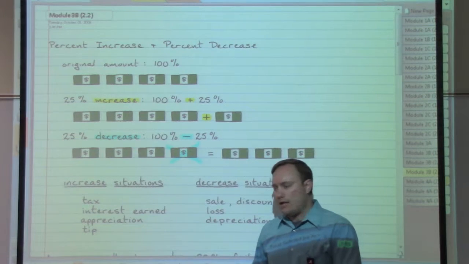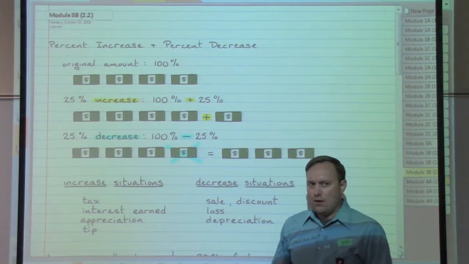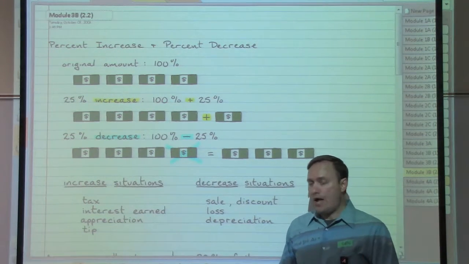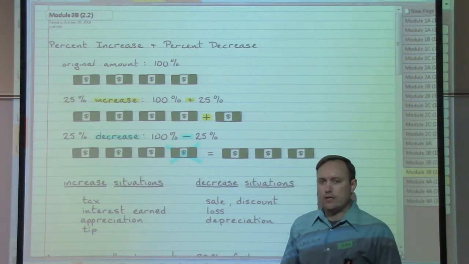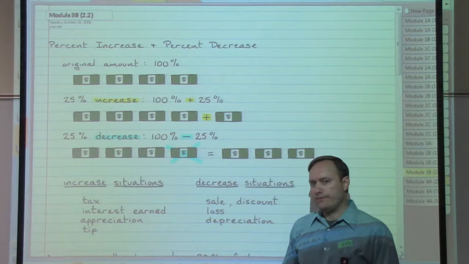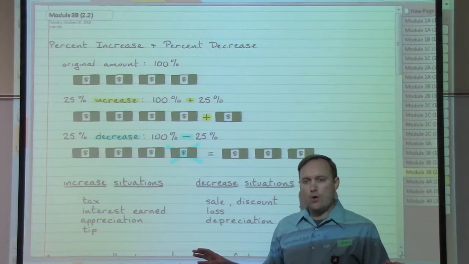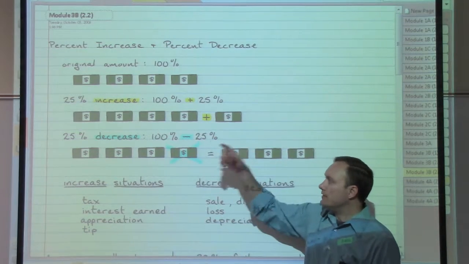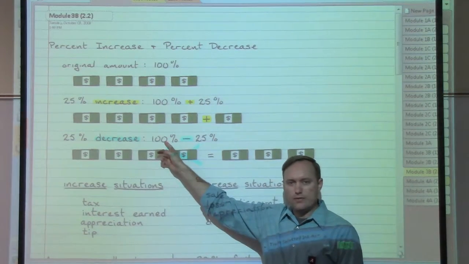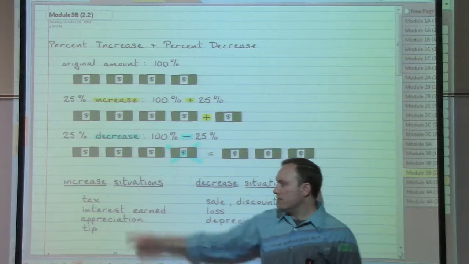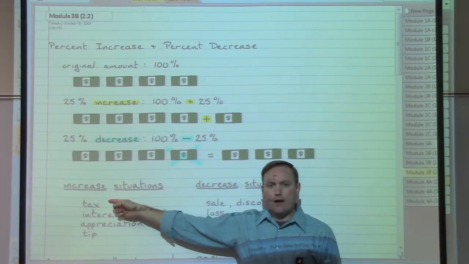Don't forget that a lot of the things that are showing up here are tied to things that you have practical, realistic experience with. So use that experience. Maybe, for instance, you say to yourself, let's make the situation a whole lot nicer. Let's literally talk about not 100%, but $100. What do I do to figure out the tax?